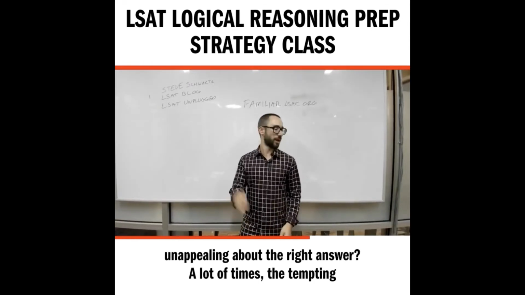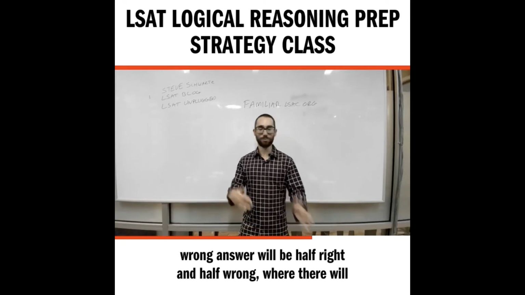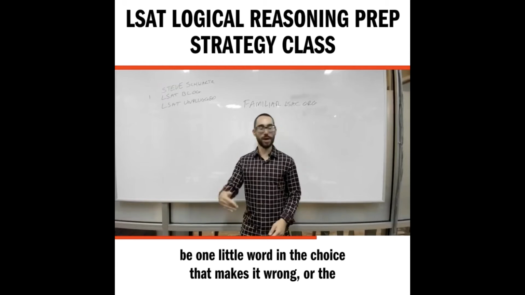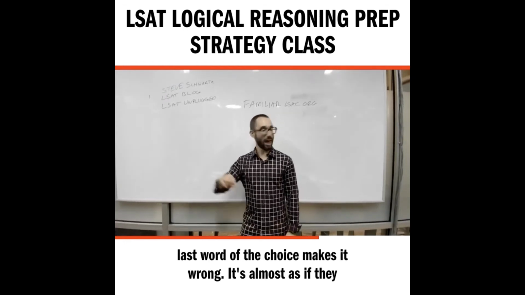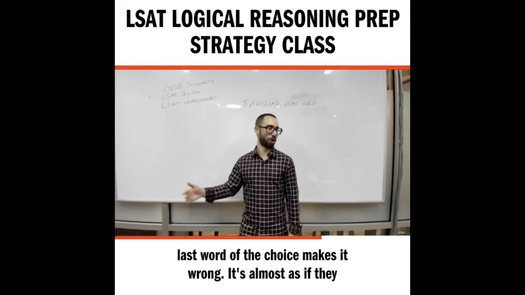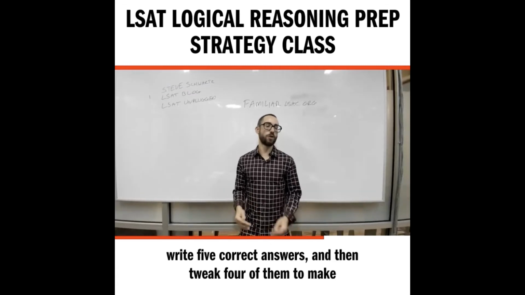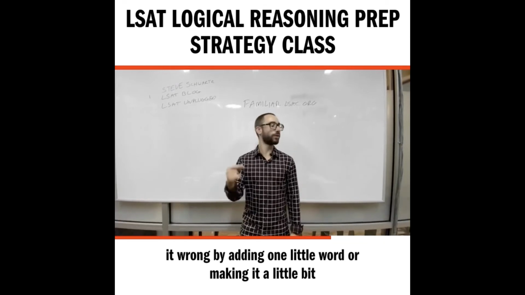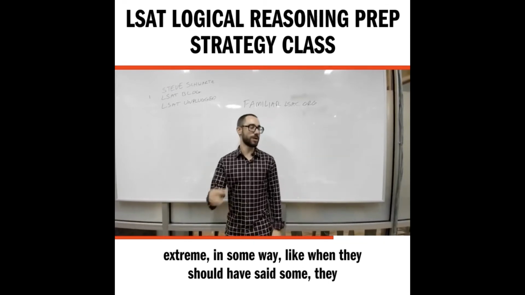A lot of times, the tempting wrong answer will be half right and half wrong, where there will be one little word in the choice that makes it wrong, or the last word of the choice makes it wrong. It's almost as if they write 5 correct answers and then tweak 4 of them to make it wrong by adding one little word or making it a little bit extreme in some way.